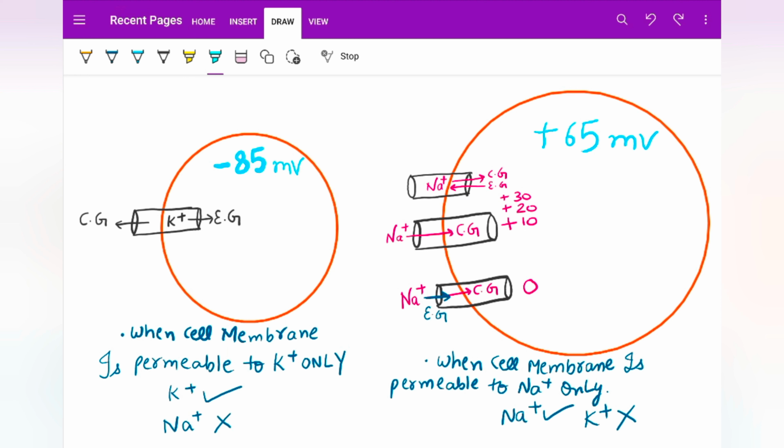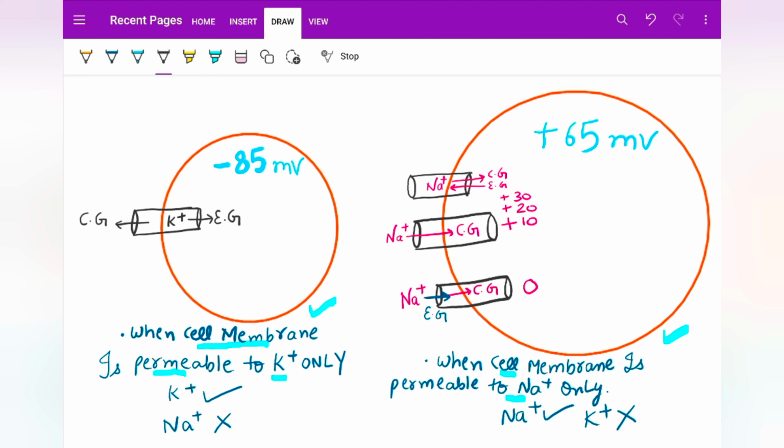On the left side of the slide, we have this hypothetical cell 1, where the cell membrane is only permeable to K+. It is impermeable to sodium. And on the right side, we have this hypothetical cell 2, where the cell membrane is only permeable to sodium. It is impermeable to K+.